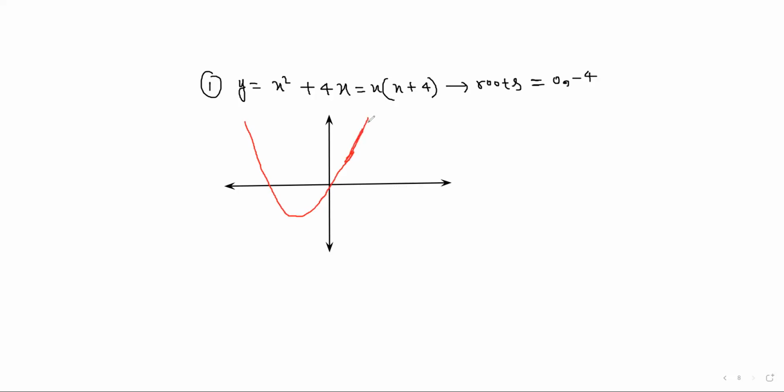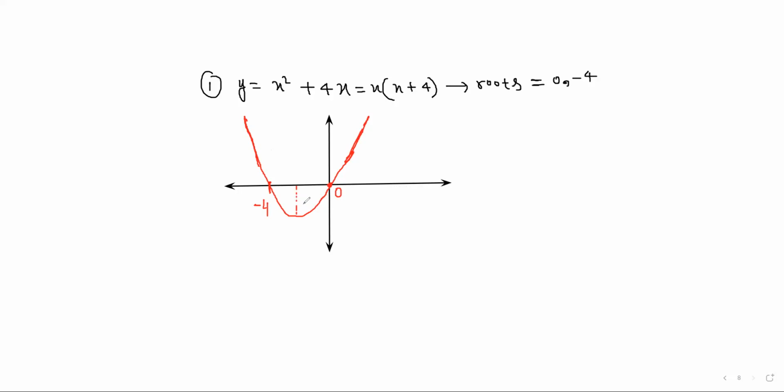So this is the curve here. This is minus 4, and this will be 0. And this is what?